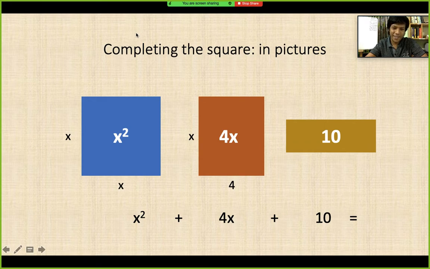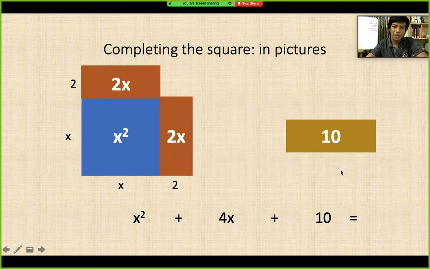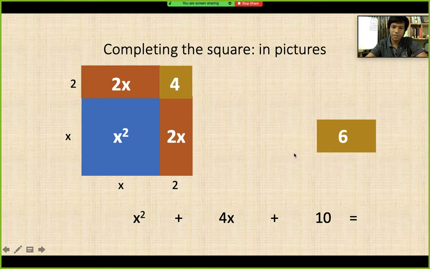This is one example: x square plus 4x plus 10. How can we get the square? This picture looks nice actually. See, how do we get this square? So what we got here: x square plus twice x plus 4, that means x plus 2 whole square, then plus 6.